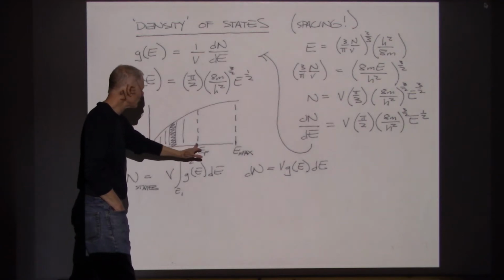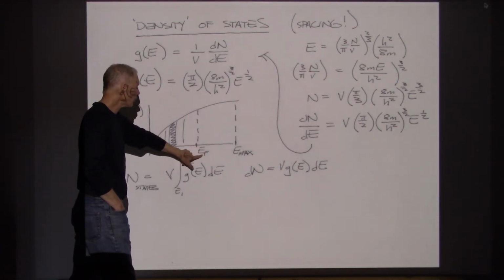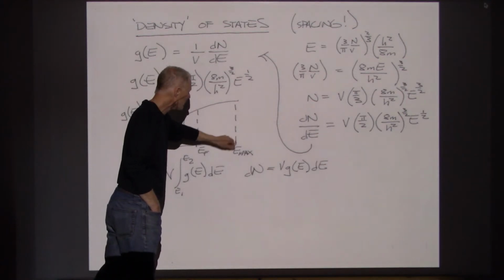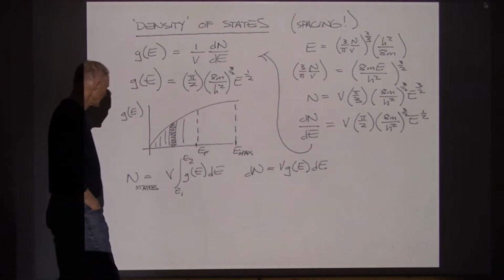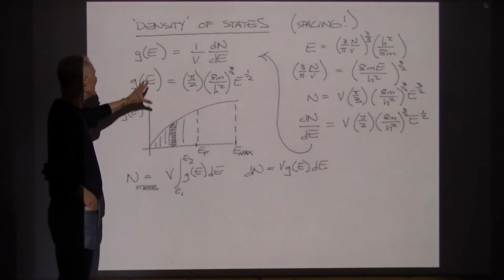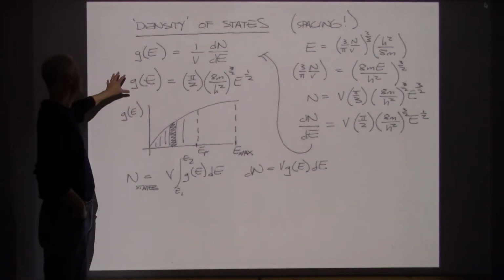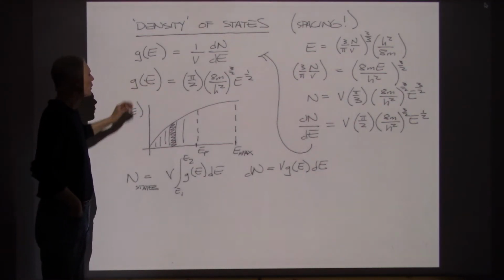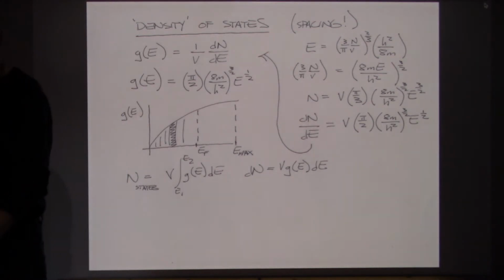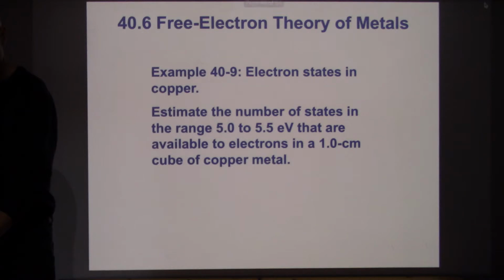Once we have finished through half of the states, we will reach the Fermi energy. Once we are through the entire band, we'll be at the maximum energy. There may be a homework problem where you plug in some numbers, but I don't think it's going to be much beyond that.